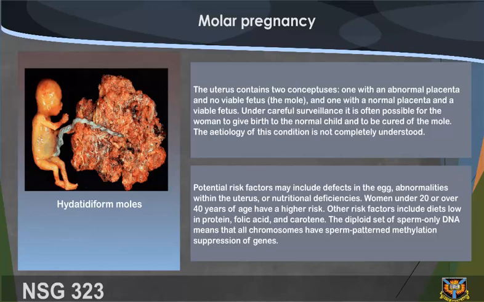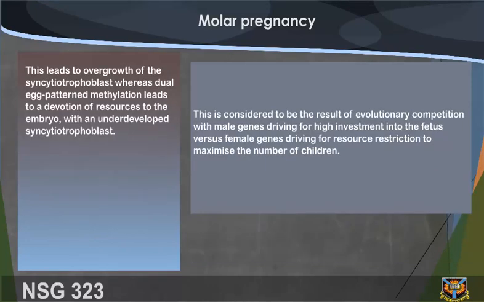The diploid set of sperm-only DNA means that all chromosomes have sperm-patterned methylation suppression of genes. This leads to overgrowth of the syncytiotrophoblasts, whereas dual egg-patterned methylation leads to a diversion of resources to the embryo with an underdeveloped syncytiotrophoblast.